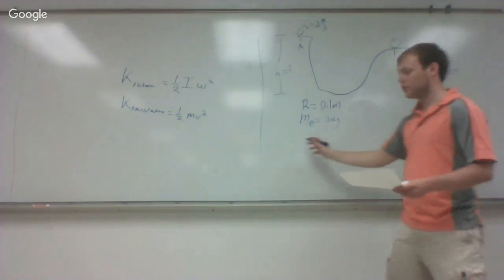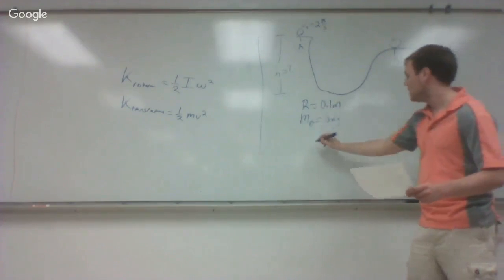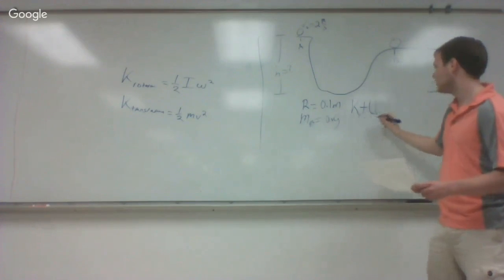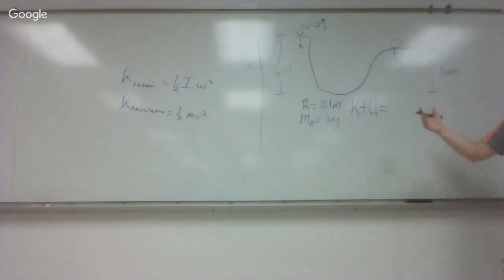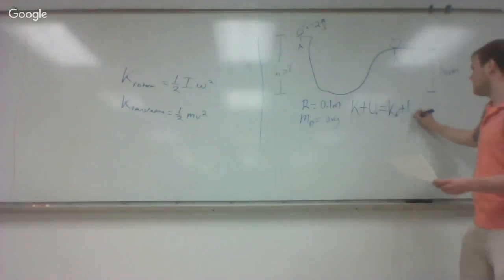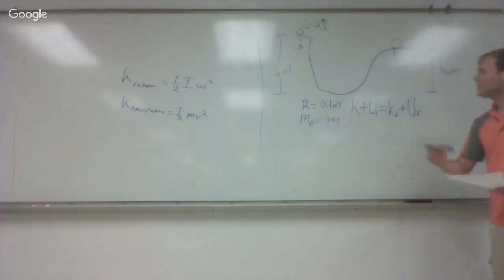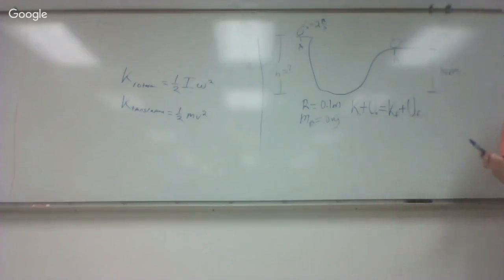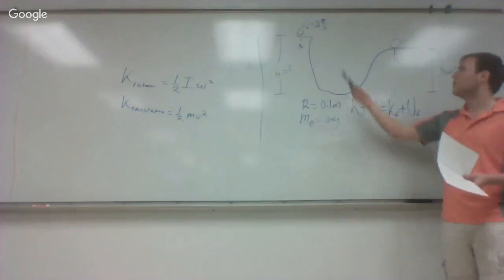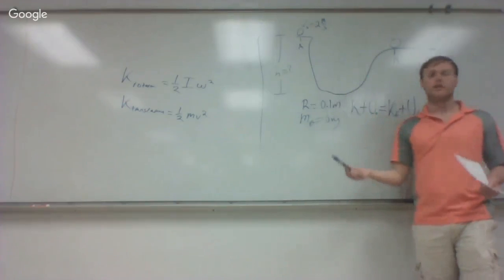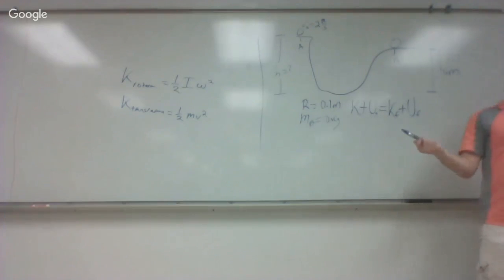So, solve this. The kinetic plus potential energy are equal to a constant. The constant is going to be the same again, so the final potential. Let's look at this. We have an initial velocity. Right? We have an initial height.